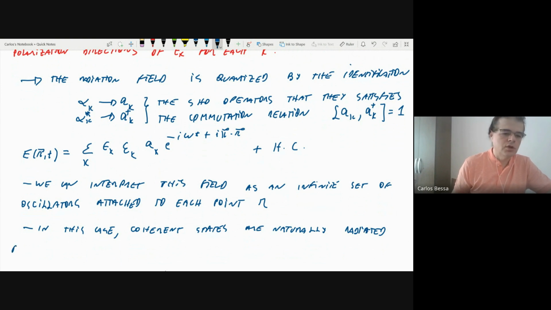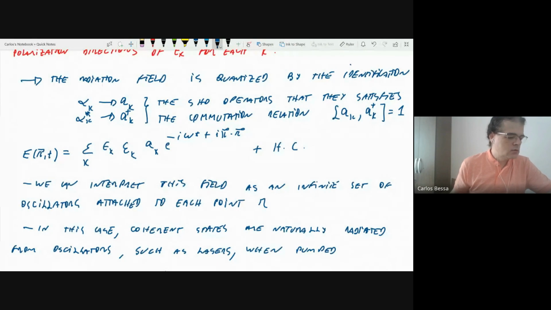Radiated from oscillators, oscillators such as lasers, when pumped above its lasing threshold.